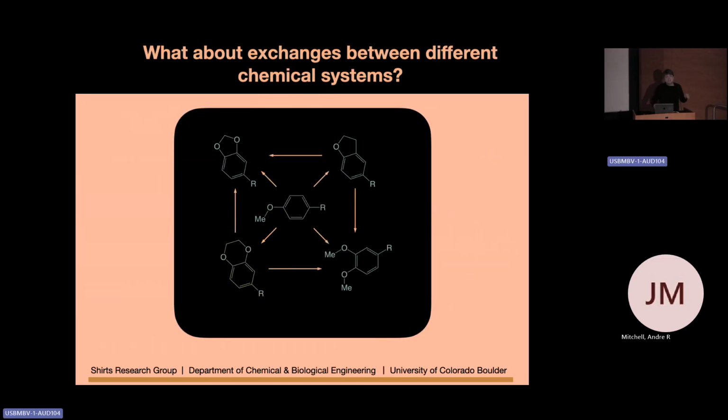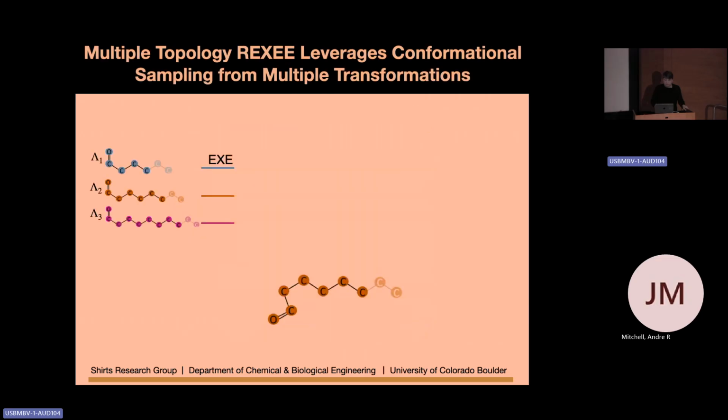What about exchanges between different chemical systems? We talked about exchanges along the same alchemical direction, but one thing we've been playing with as well is exchanges between different transformations. Each expanded ensemble simulation might be doing one alchemical transformation, but could you have different alchemical transformations on the different replicas? This is the multiple topology replica exchange to leverage conformational sampling from multiple transformations.